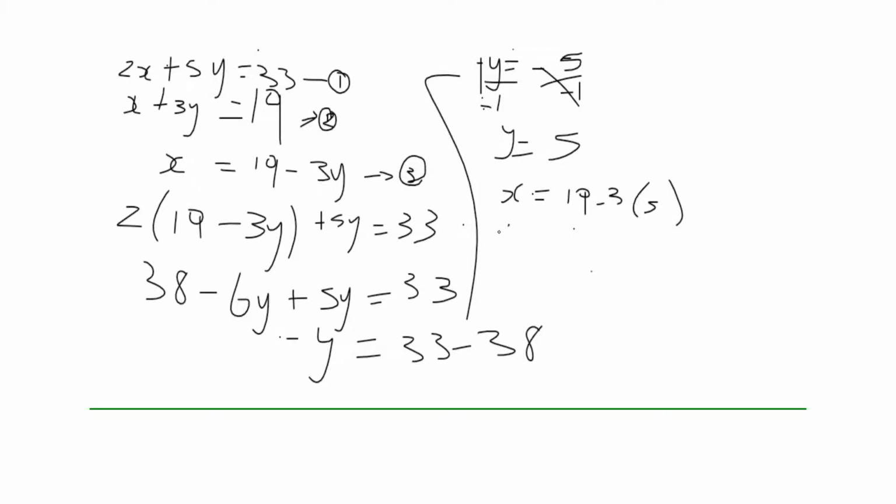Then I'm going to simplify. x equals 19 minus 3 times 5, which is 15. So you're going to have 19 minus 15, and that gives us 4. So when y equals 5, x equals 4.